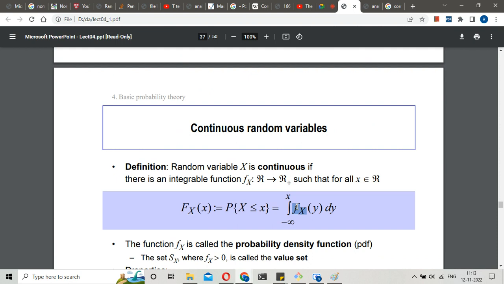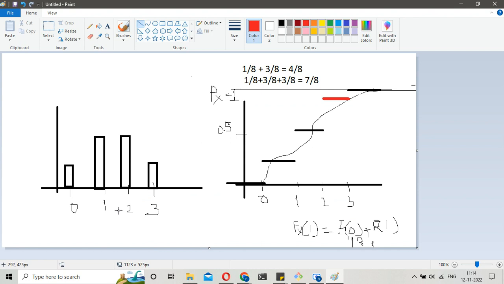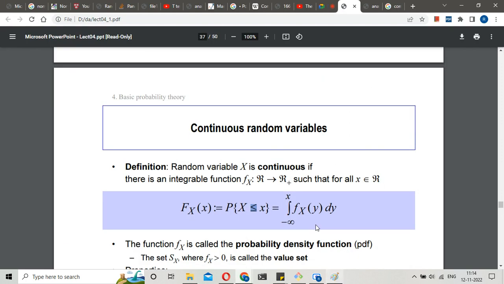It is f of small x, but getting less than or equal to x, like we just talked about, getting till 3 or till 2, is a sum over till this 2. So here also it will be a sum from minus infinity to x. If you know, integration is like summation over all the x from minus infinity to x.